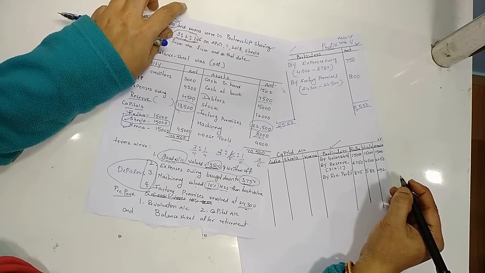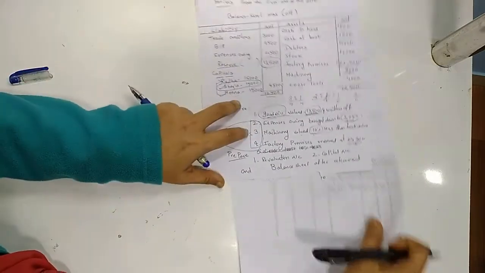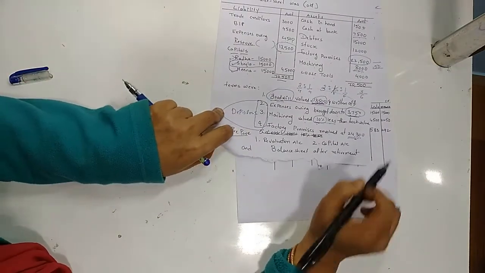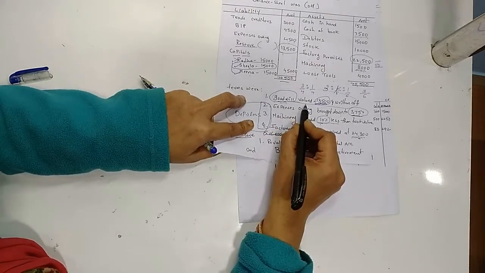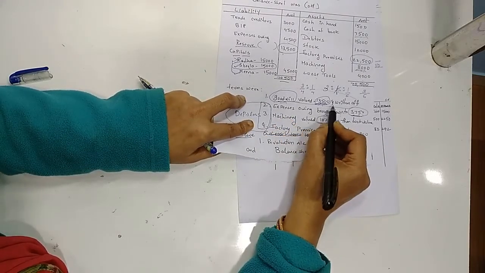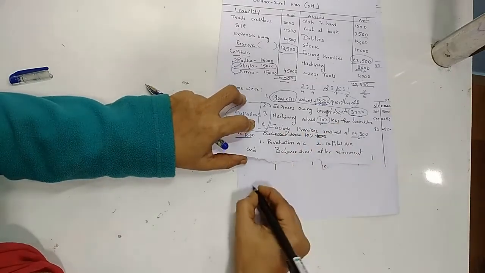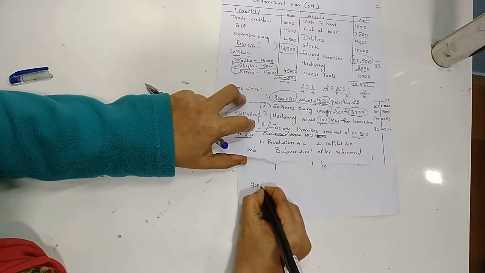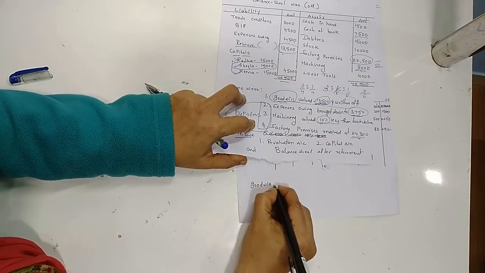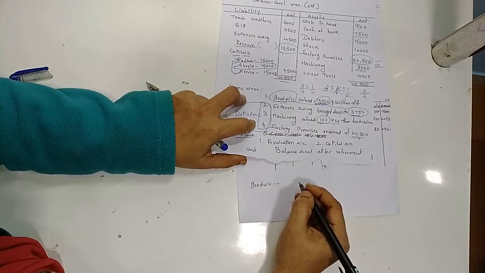Now move on to the important point, that is goodwill. See the adjustment of goodwill. Goodwill valued at 13,500 and it is written off. As I told you, goodwill is the extra profit you gain because of your firm's good name.